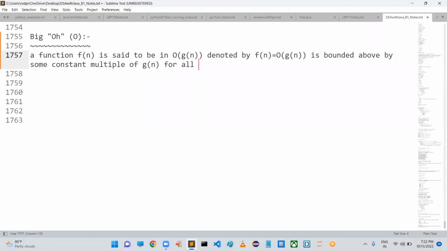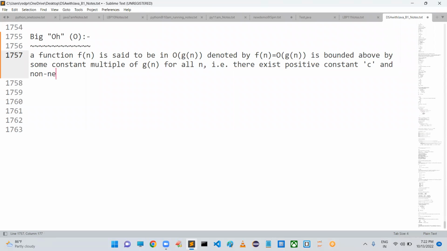That is, there exist a positive constant c and a non-negative integer n naught, such that f of n is less than or equal to c times g of n for every n greater than or equal to n naught.